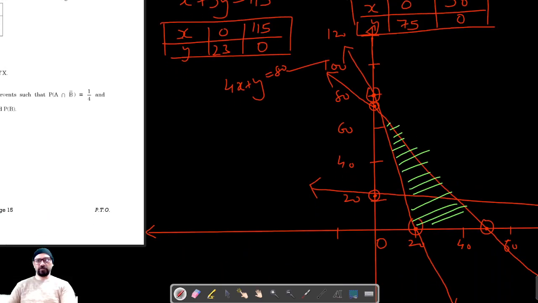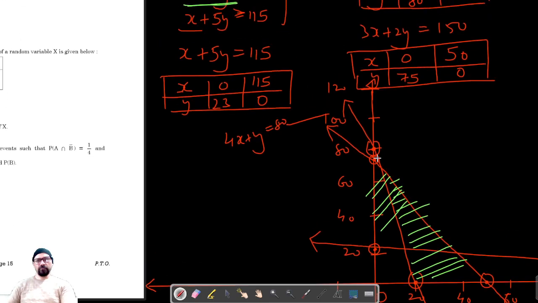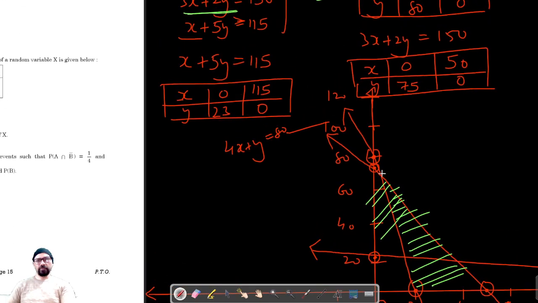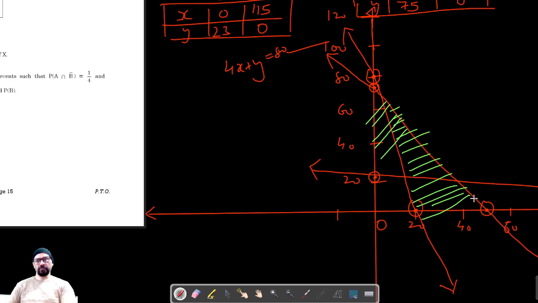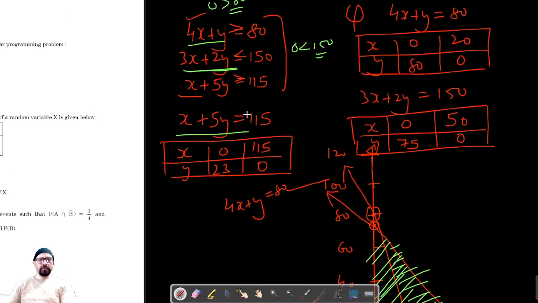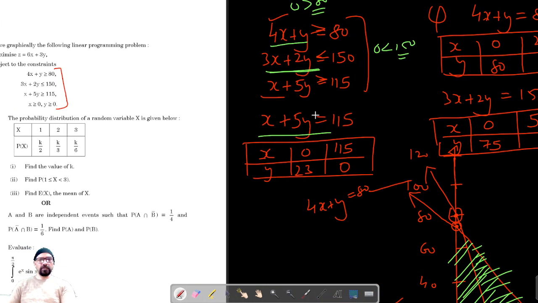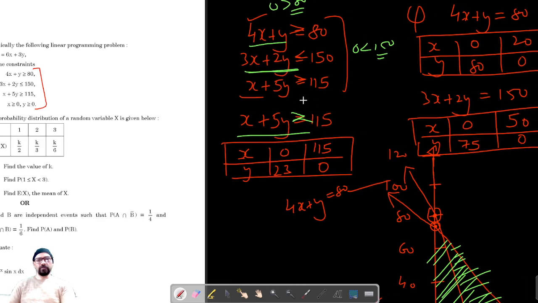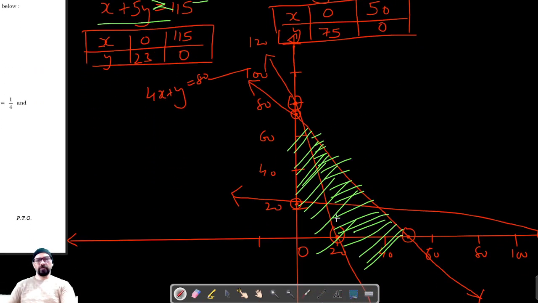So its graph is towards the origin, the line through 0, 75 and 50, 0. Again, for the third one, it's greater than 115, so 0 is greater than 115, which is false. So this is away from the origin.